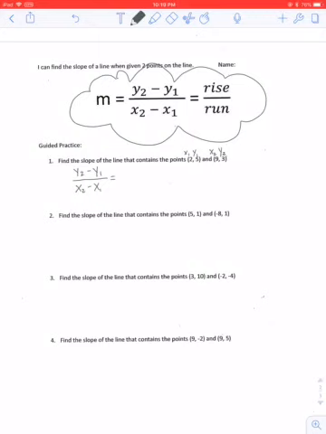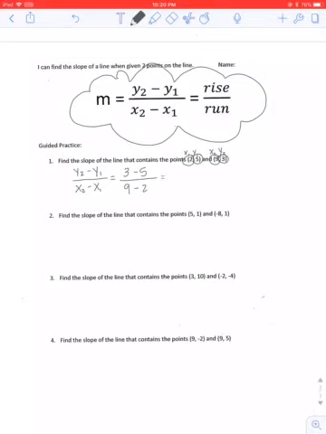So my y2 was 3, so I do 3 minus y1, which is 5, over x2, which is 9, minus x1, which is 2.